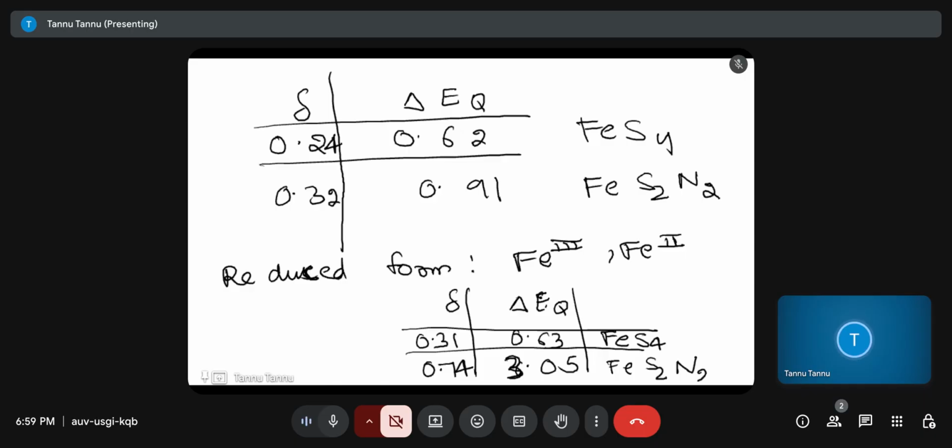So you can see now how with changes of valence contribution and lattice contribution, electric field gradients are changing.